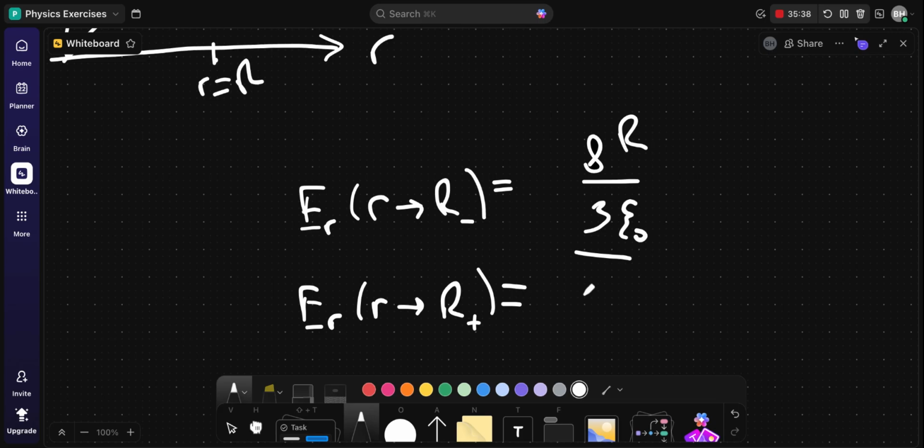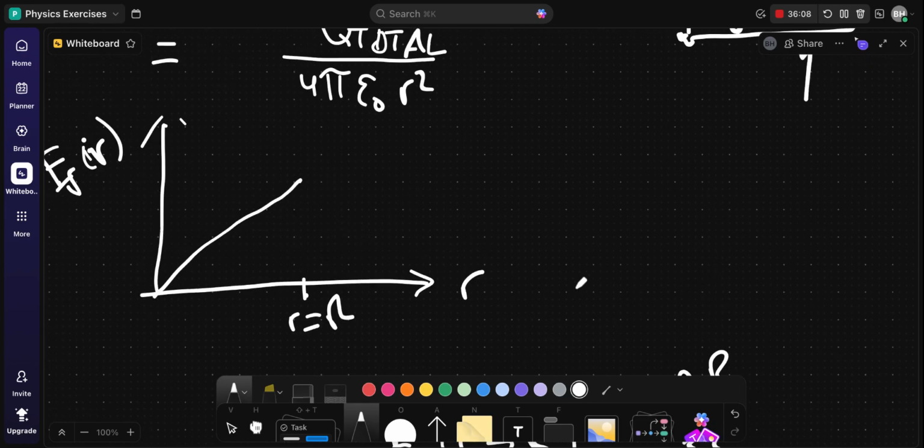Okay, so here we are going to have rho R over 3 epsilon 0 plus sigma over epsilon 0. What this means is that the electric field is no longer continuous at r equals R. If you approach capital R from below, you get a certain number, but if you approach it from above, you get a different number.